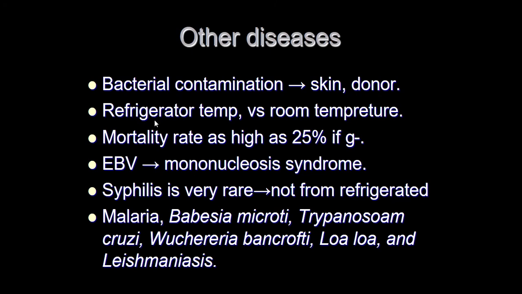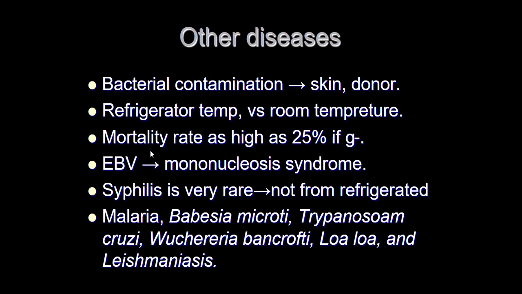Second thing here, the refrigerator temperature has to be checked in those blood banks versus, for example, the room temperature. The blood units have to be stored in special refrigerators. They should not be kept at room temperature. This is very important to know.